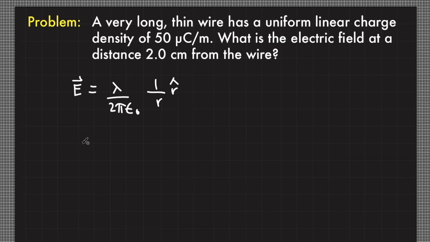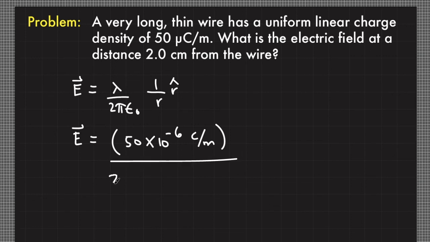So plugging in the numerical values, lambda is equal to 50 microcoulomb per meter, or 50 times 10 raised to negative 6 coulomb per meter, divided by 2 pi times epsilon naught, which is the permittivity of free space, and it's equal to 8.85 times 10 to the negative 12 C squared over newton meter squared, times 1 over r.